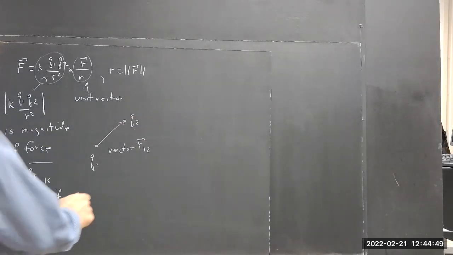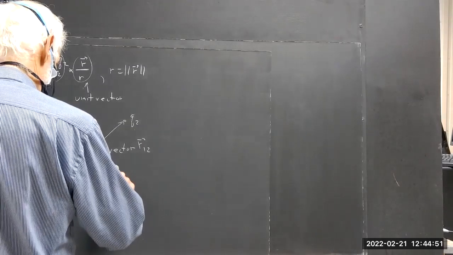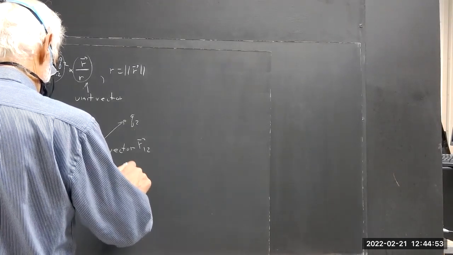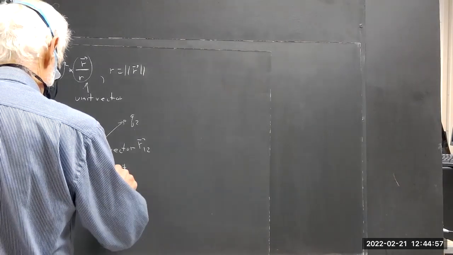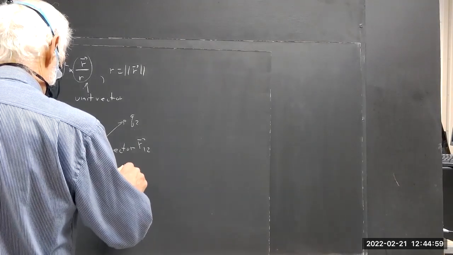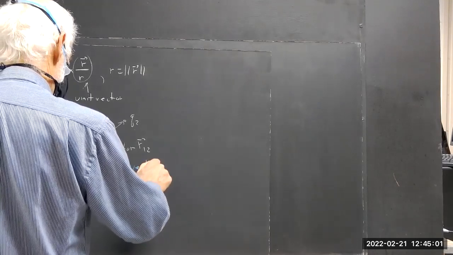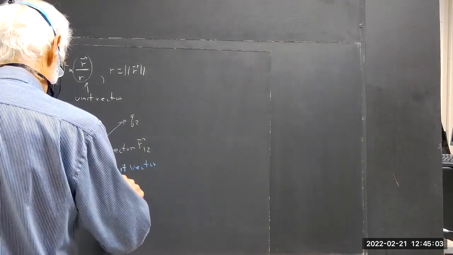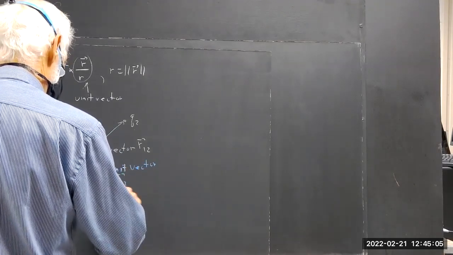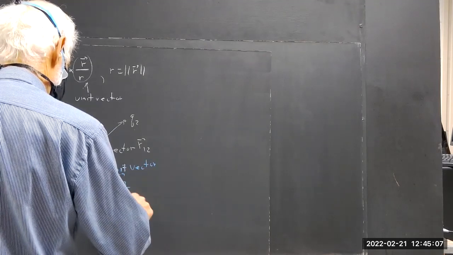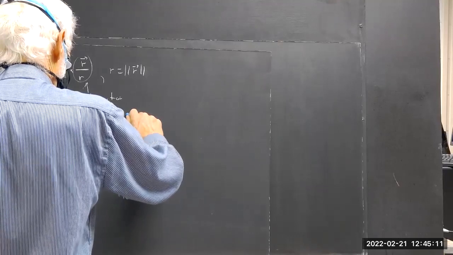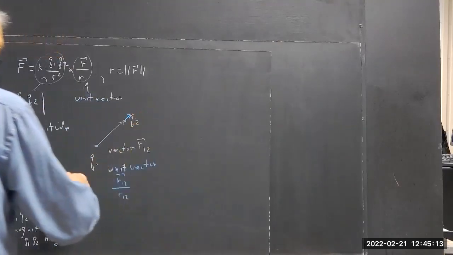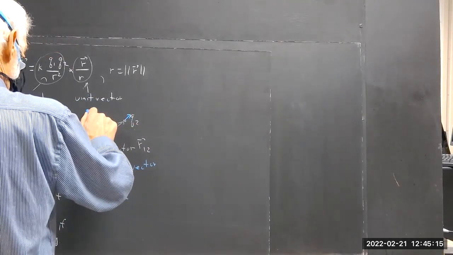Okay. Unit vector. And let me just color code this. Unit vector is R12 over the magnitude of R12. So let's say this is your unit vector.